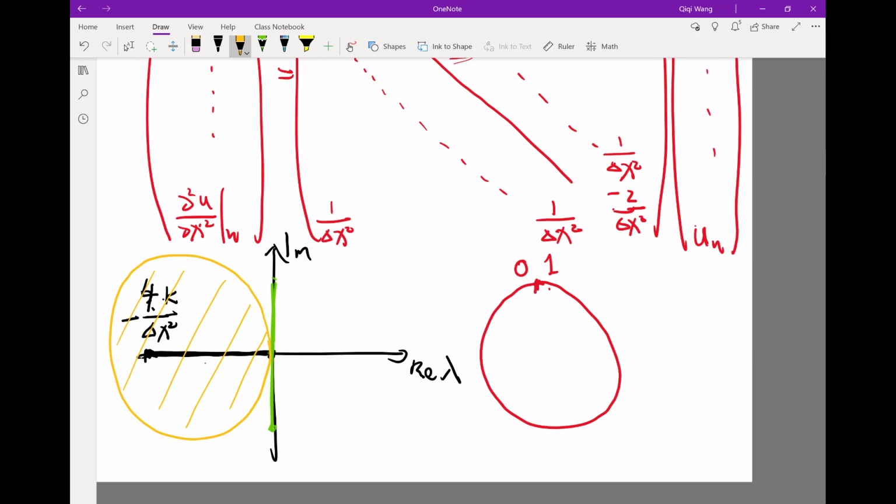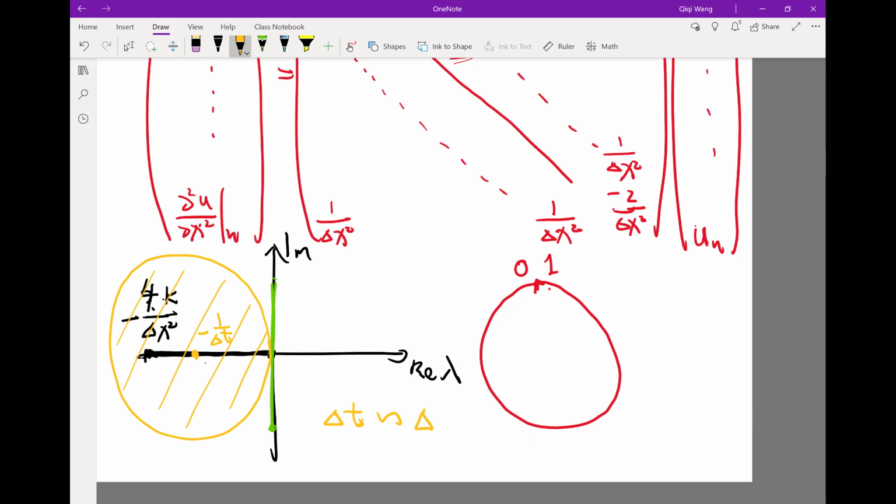In this case, how small would delta t have to be? Delta t basically has to be small enough that it's on the same order as delta x squared, right?